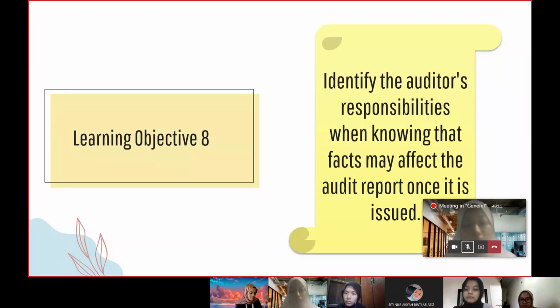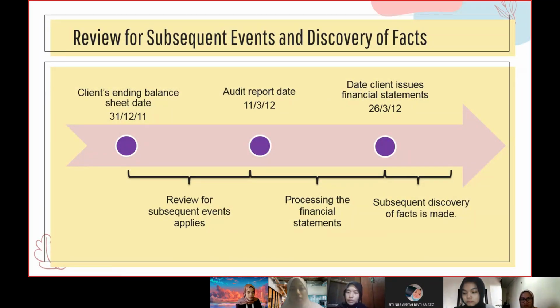According to the illustration, next slide. Okay, according to this illustration, the period covered by review for subsequent events, processing the financial statement, and subsequent discovery of facts after the audit report date. As I mentioned before, the auditors are not responsible for reviewing the subsequent events after the report date.